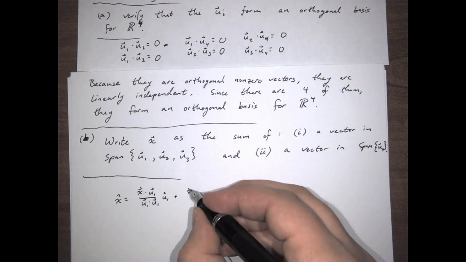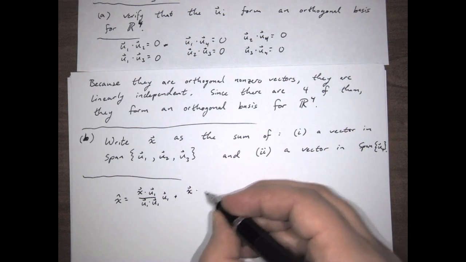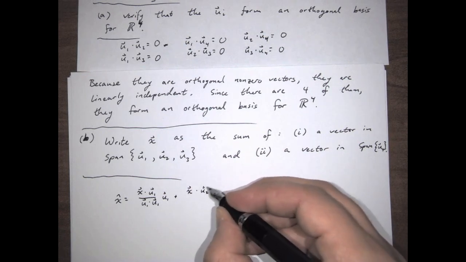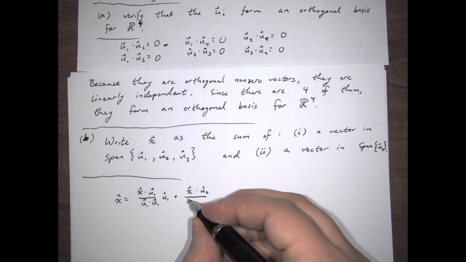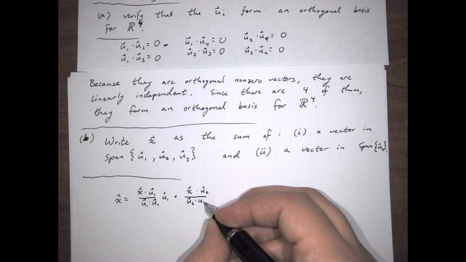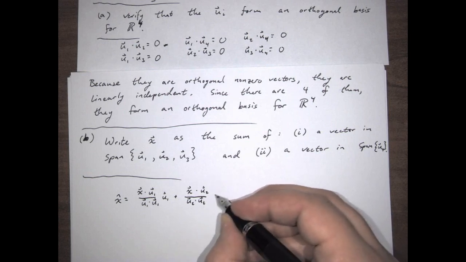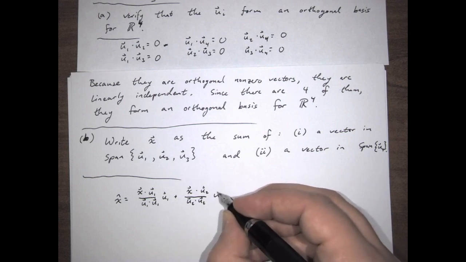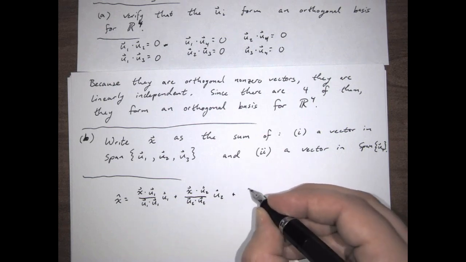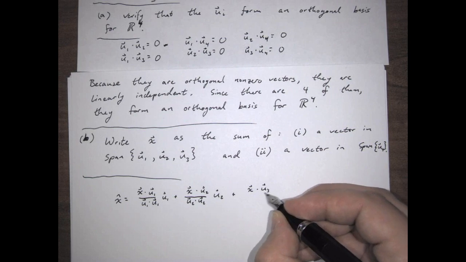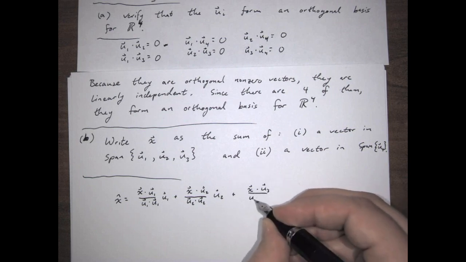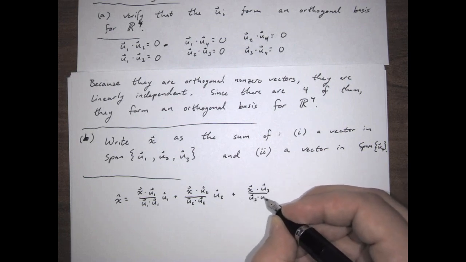Plus x dotted with u2 divided by u2 dotted with itself times u2, plus x dotted with u3 divided by u3 dotted with itself.